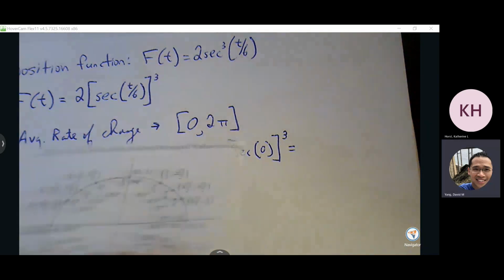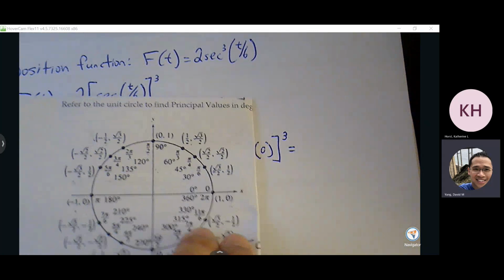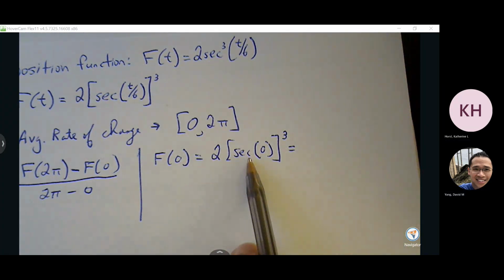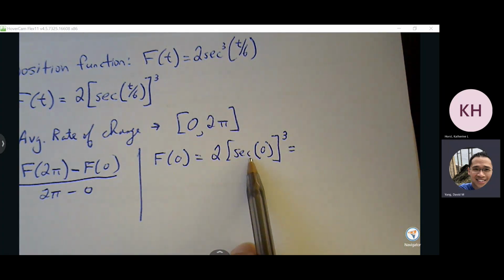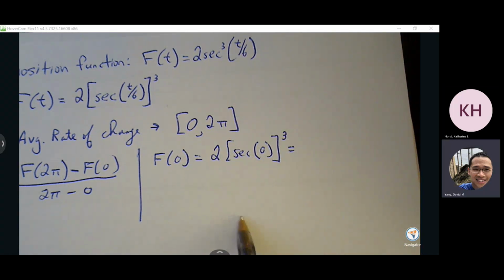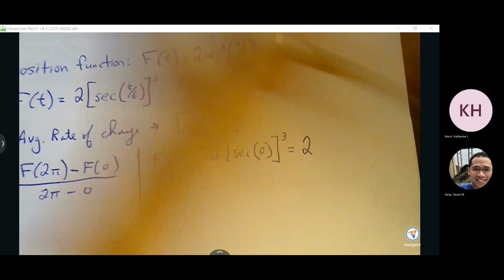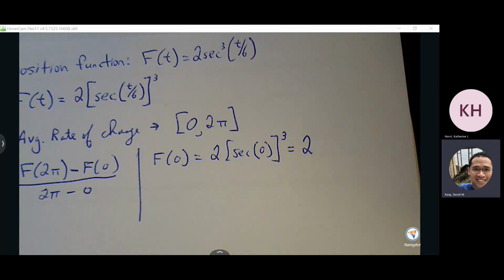Yep, cosine 0 is 1. And if I flip 1, because I know secant is the reciprocal of cosine, what do I get? You still get 1, right? So 1 cubed is 1, 1 times 2 is 2.